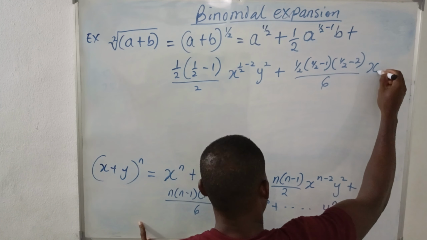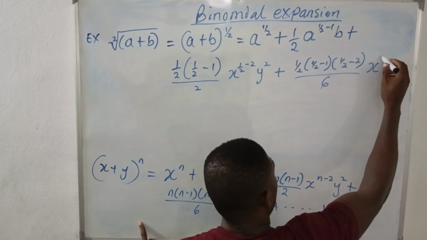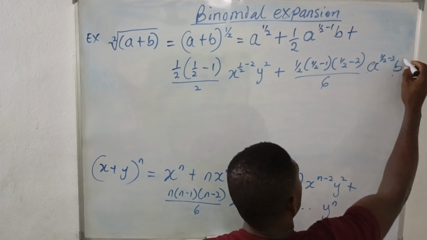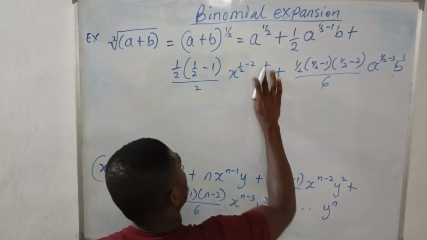Then we have x raised to the power of 1 over 2 minus 3, and then our y, which is b, sorry for mixing up the letters here, to the power of 3.